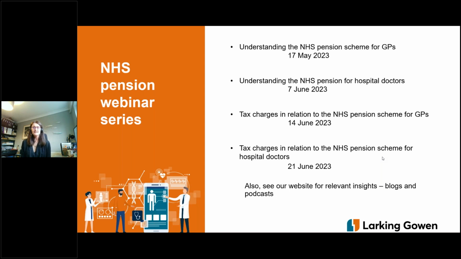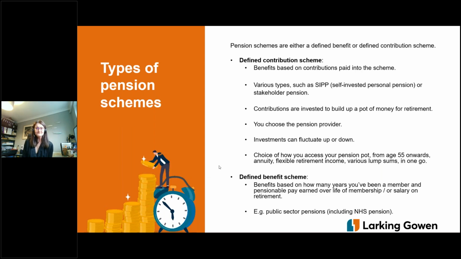So kicking off to the first slide, let's talk first about what a pension scheme may be. You've got predominantly two types of pension schemes. You've got what's called a defined contribution scheme. So this is like your normal private pension.